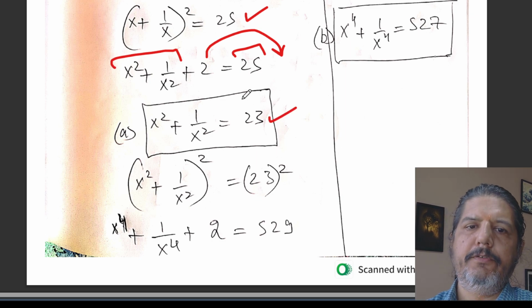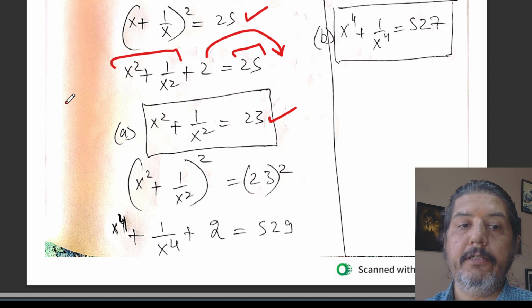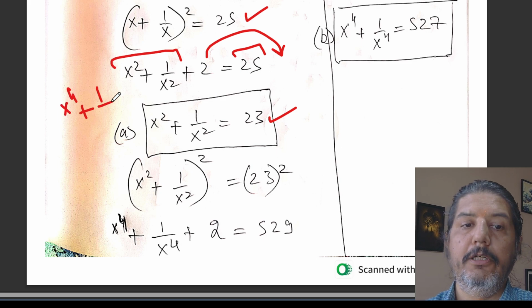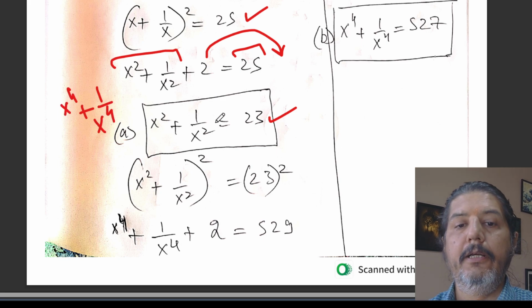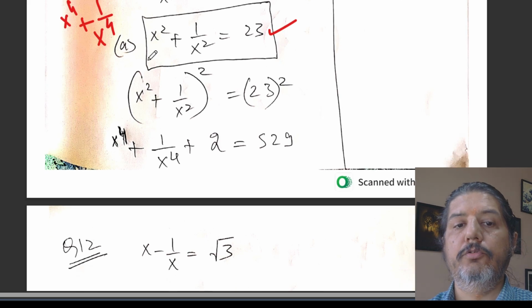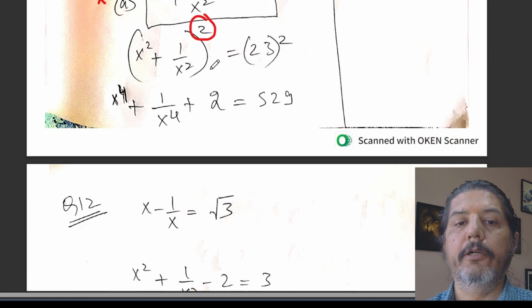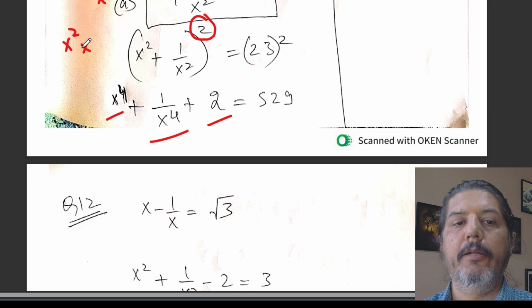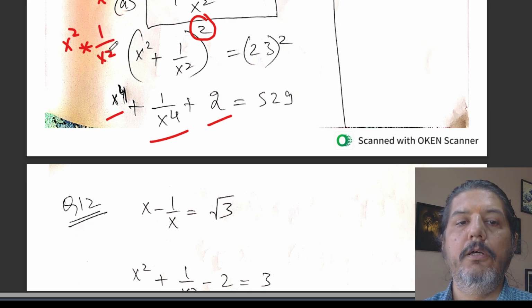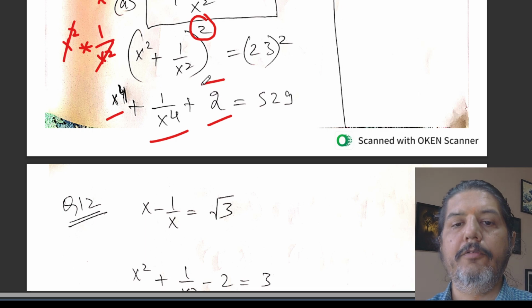The next part was to find the value of x4 plus 1 upon x4. Similarly, I'll square both sides. So x square plus 1 upon x square whole square is equal to 23 square. So this would be x4 plus 1 upon x4 plus 2. Why? Because x square multiplied by 1 upon x square will cancel, so I'll be left with 2.